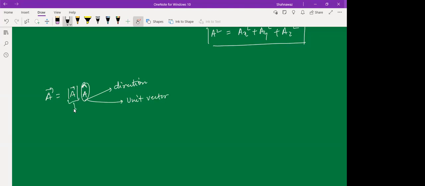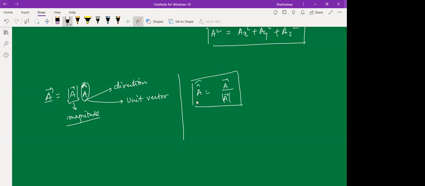And this part tells us about the magnitude. So if we want to calculate the unit vector from the vector which is given, we just divide the vector by its magnitude, right? That will only tell us about the direction.